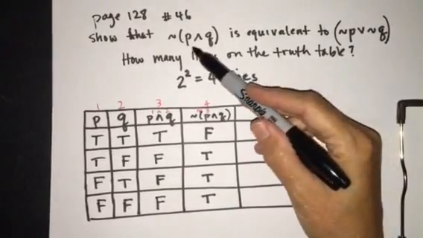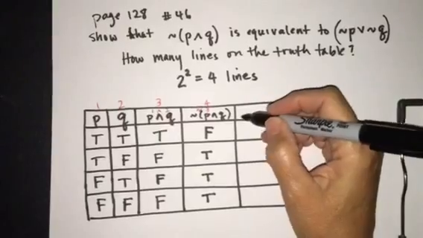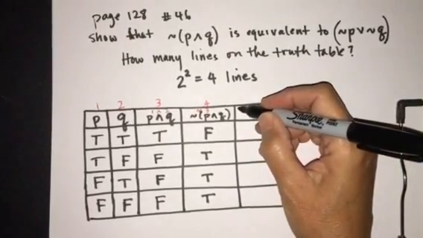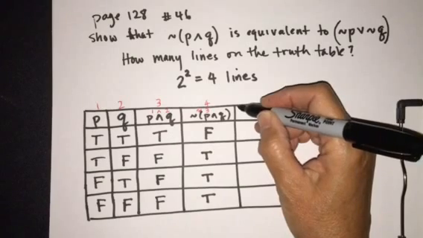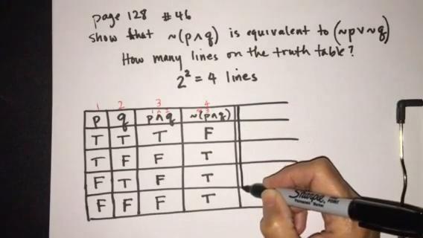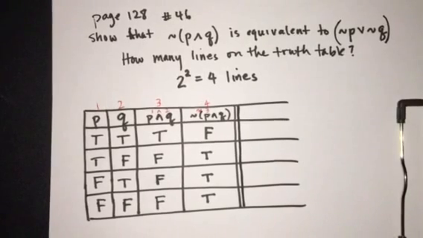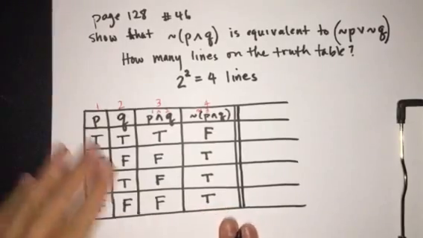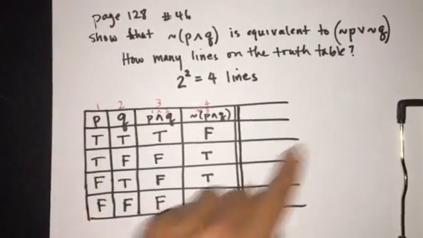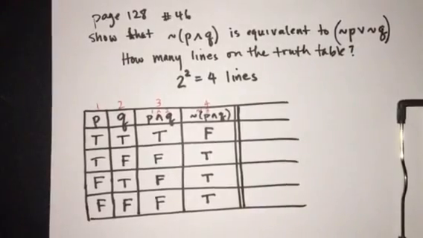I've done the first part, and what I would usually do if I'm showing equivalence is draw on my truth table sort of a double line right there. Now you're not going to see that double line in the book, but that's what I use to say, okay, I'm done with this. We're going to continue with these same columns, P and Q, and build this next part of the question.